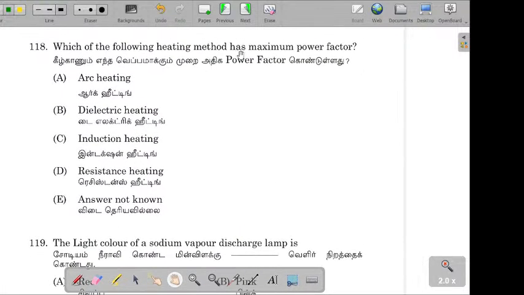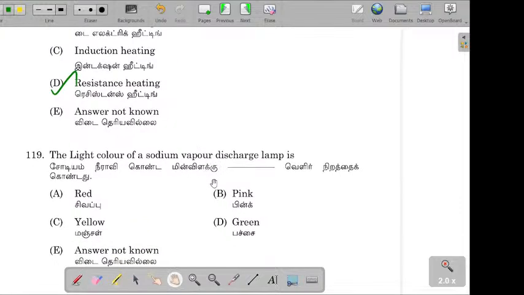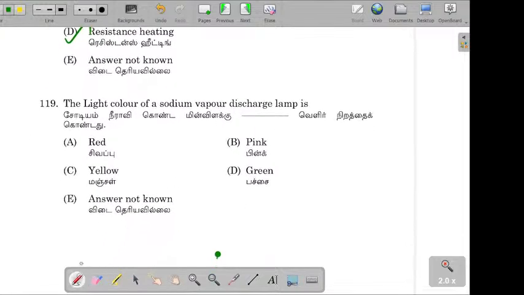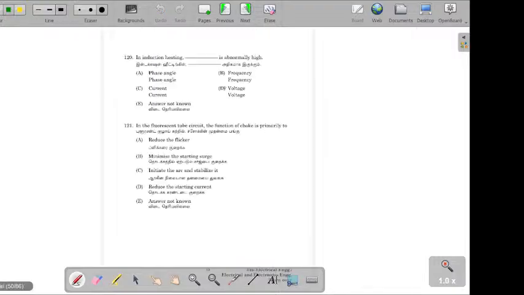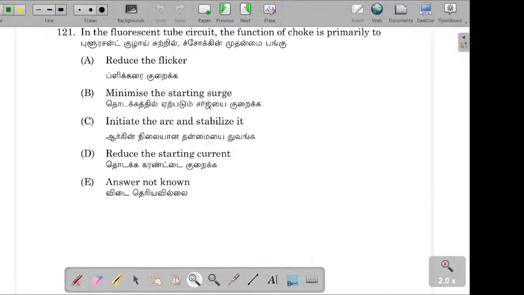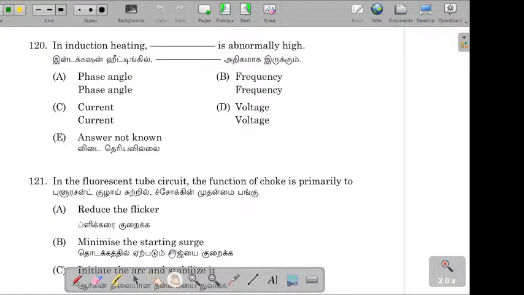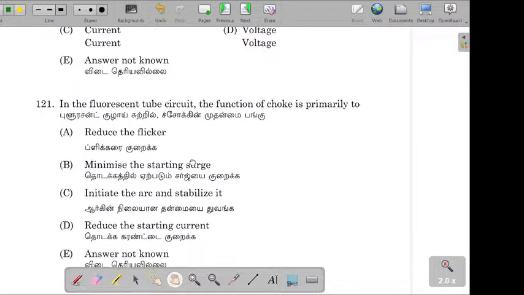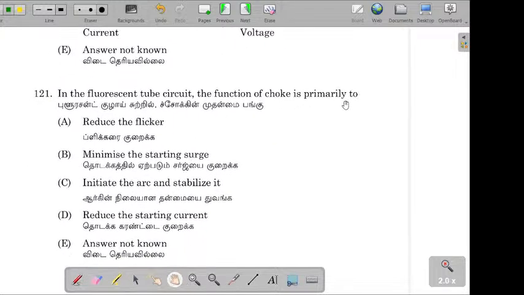Which of the following heating methods has maximum power factor? Resistance heating. The light color of a sodium vapor discharge lamp is yellow. The induction heating dash is abnormally high frequency. In the fluorescent tube circuit, the function of choke is primarily to initiate the arc and stabilize it.